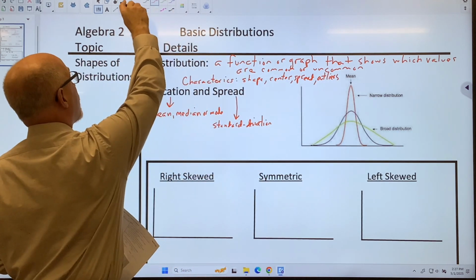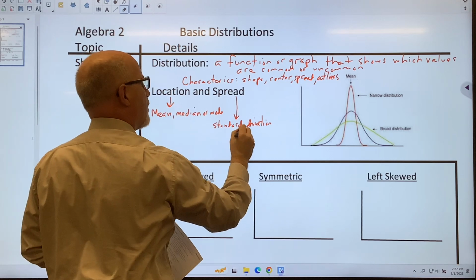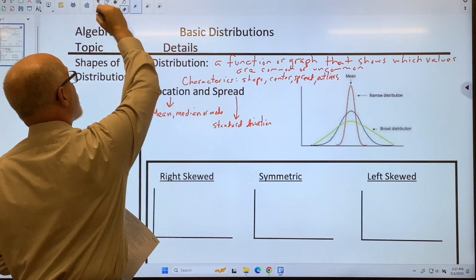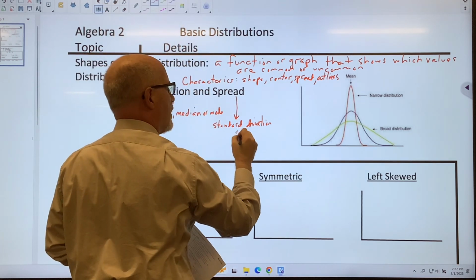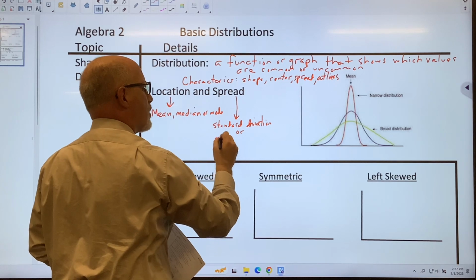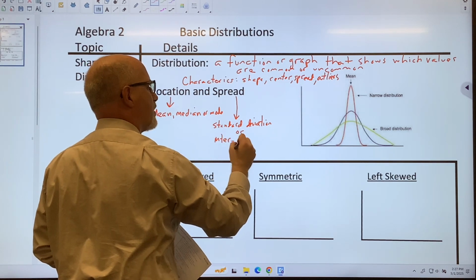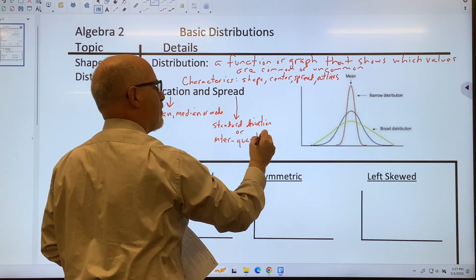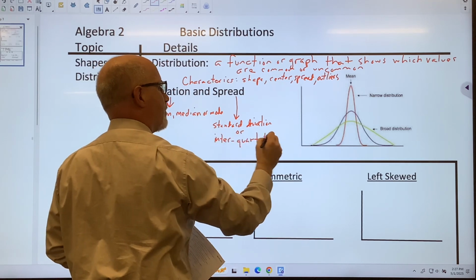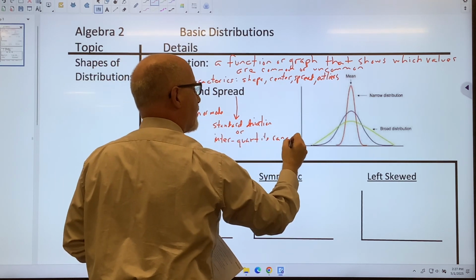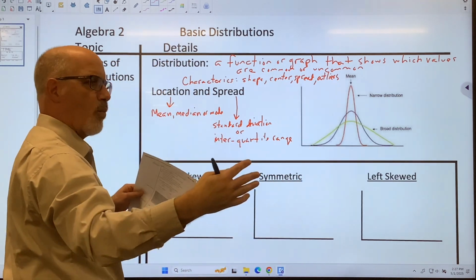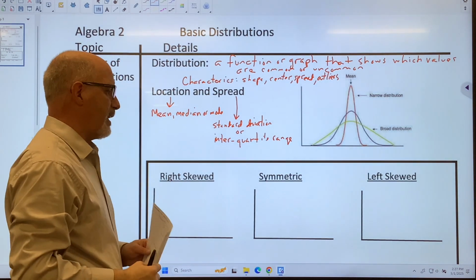That'll be one form of spread, and the other one that we'll use for much of what we do is the interquartile range. That'll help us understand how wide or how spread out this data is.